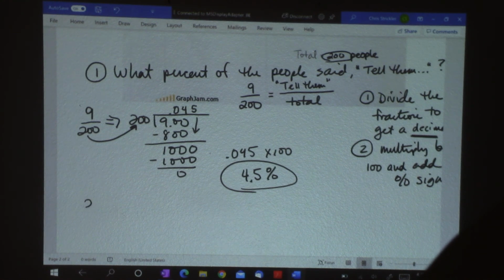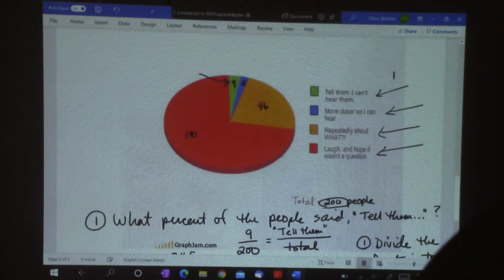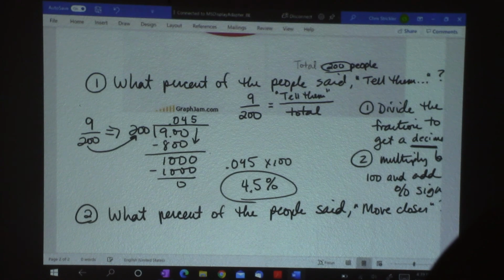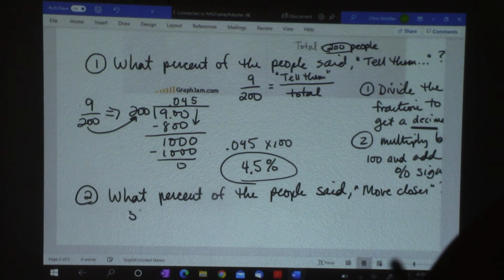Okay, here's number 2. What percent of the people said, let's see, I can't read it, move closer? So that was 5. 5 people said that out of 200. So now I'm going to do what? Divide and then multiply by 100.